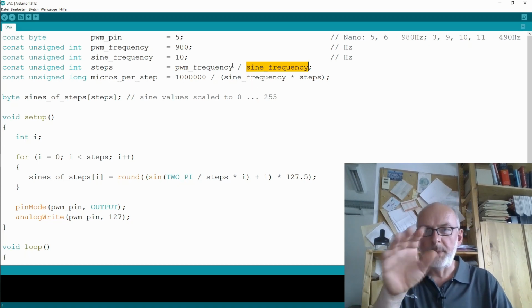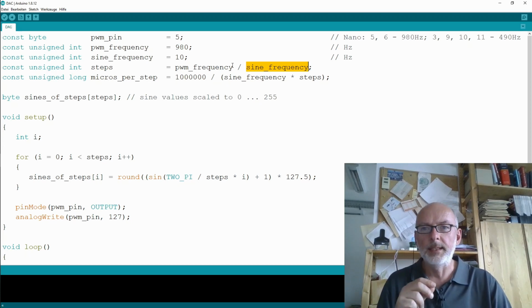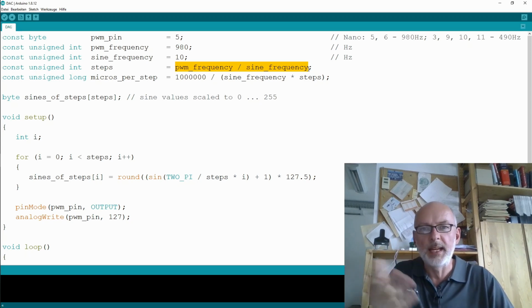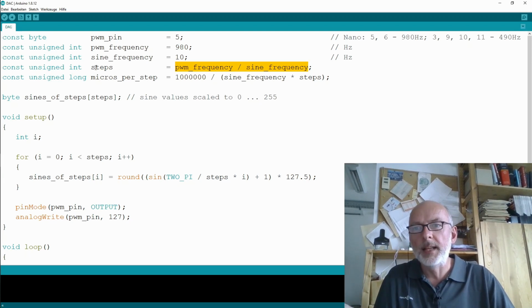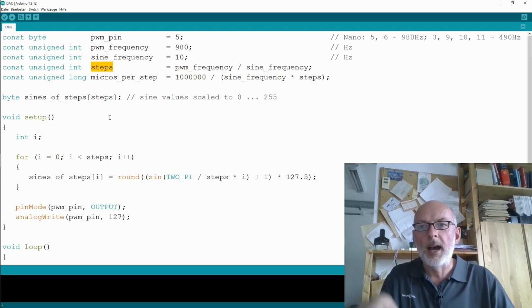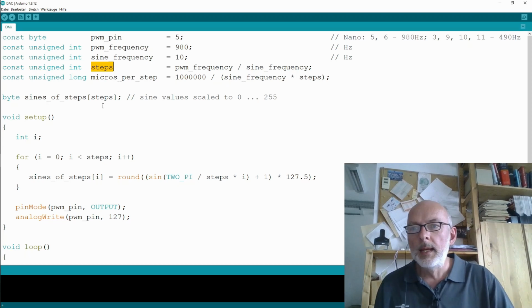I will talk a little bit on paper about that in a minute, but yeah, that's the absolute theoretical maximum that makes any sense. It makes absolutely no sense to have a higher resolution. Anyway, I also calculate the microseconds per step.